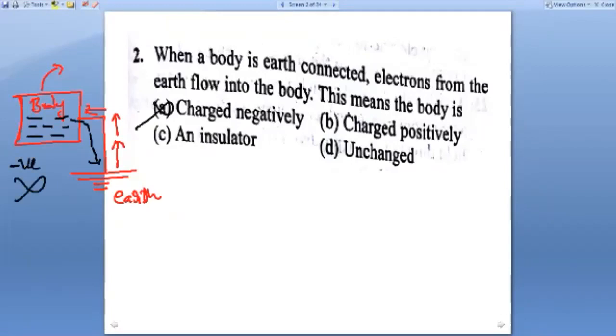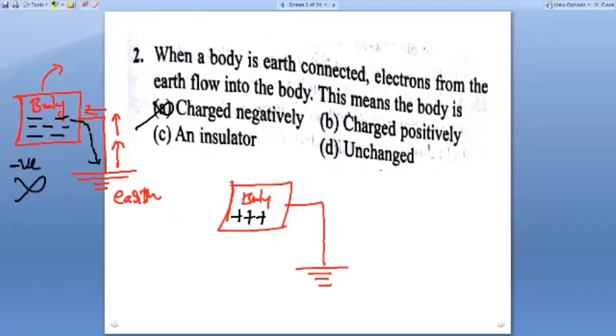Okay. Second, take the same body. If the body is positive charge, then electrons move from the ground to the body along this path.